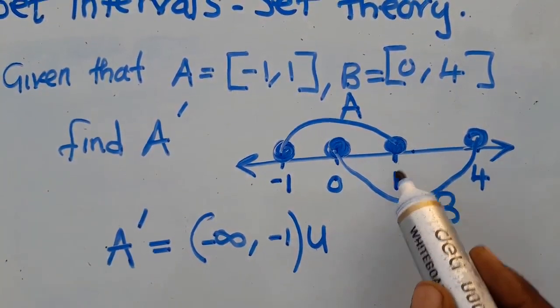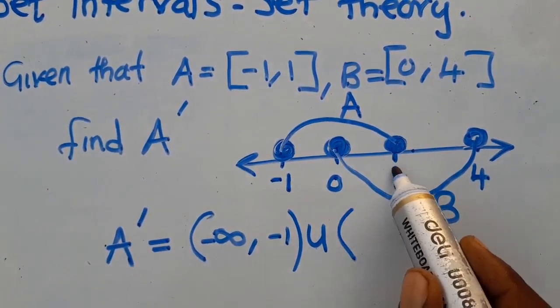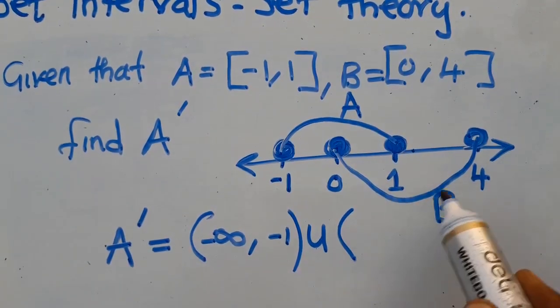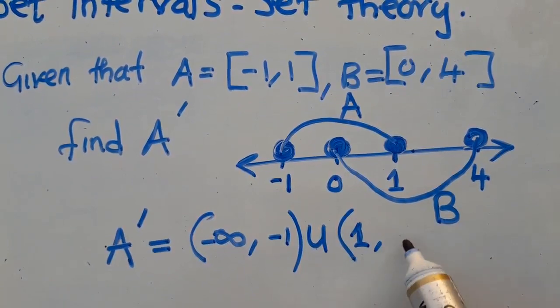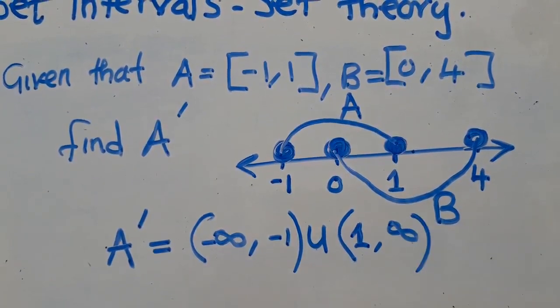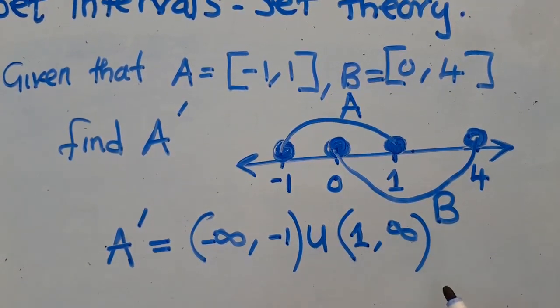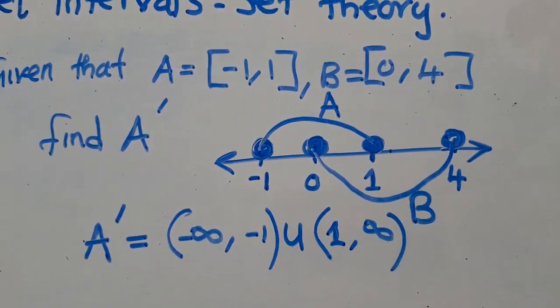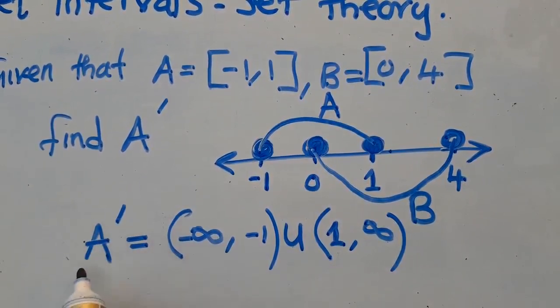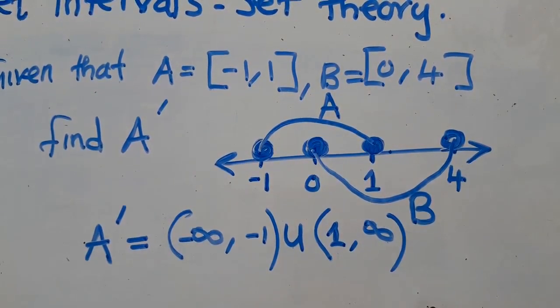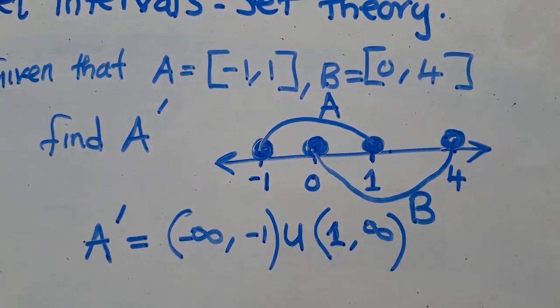Then you put 1 here, not included, because it is included in B, to positive infinity. This is how you need to answer that. This is how we've answered that question. When you're told to find A complement, these are the procedures that you need to follow.